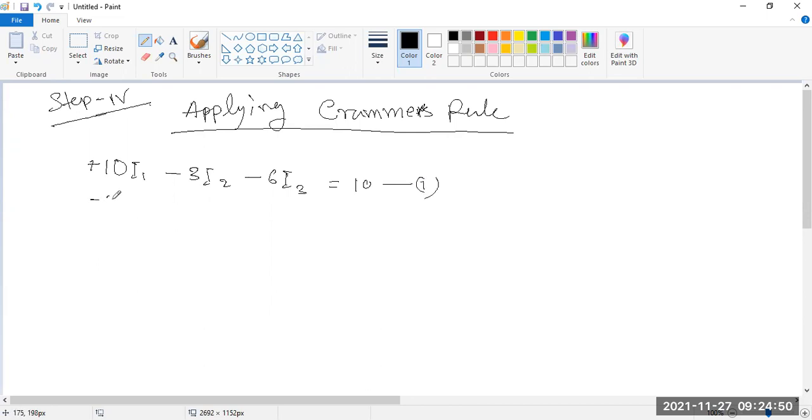And then minus 3I1 plus 10I2, and this is 0. It is minus 5. This is the equation.